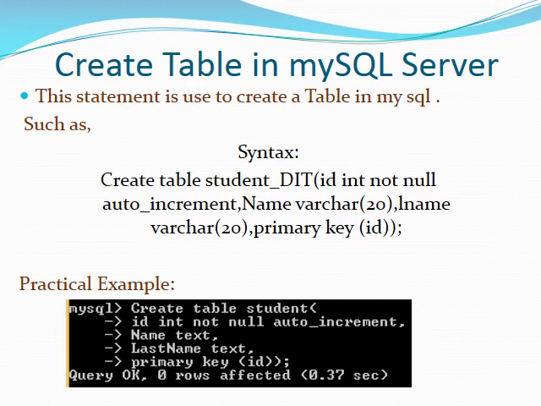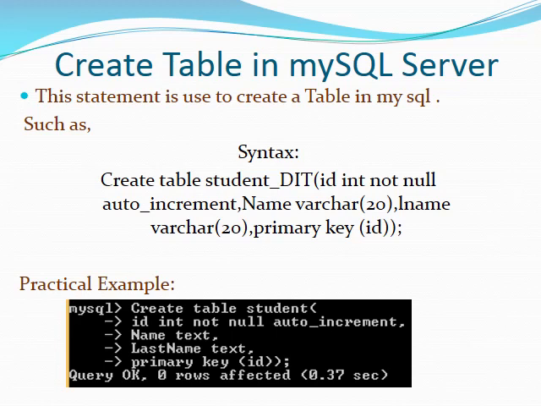In each field you must specify the data type, what data is stored in the field, and you can also add other constraints such as ID should not be null. It means you cannot leave the value empty, so you must put a value inside the ID.